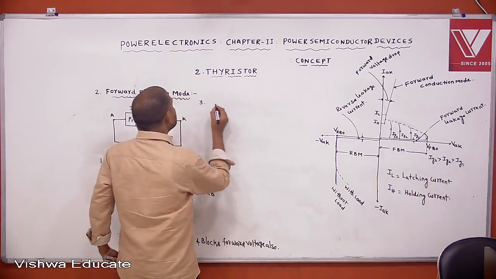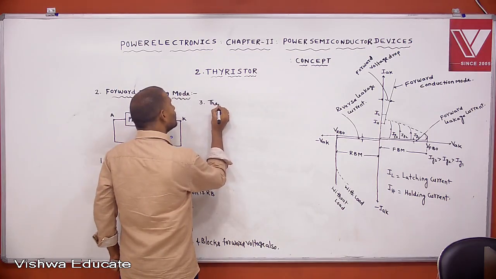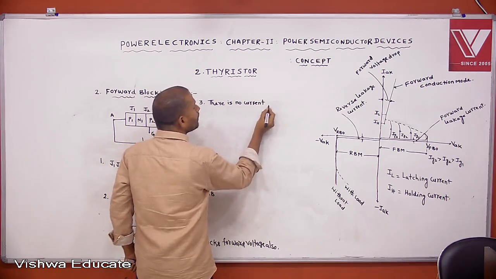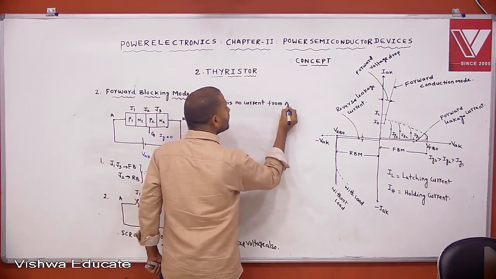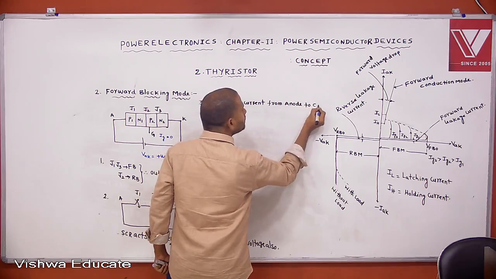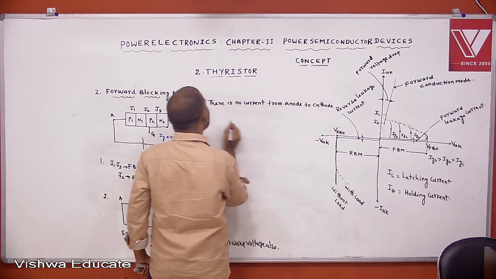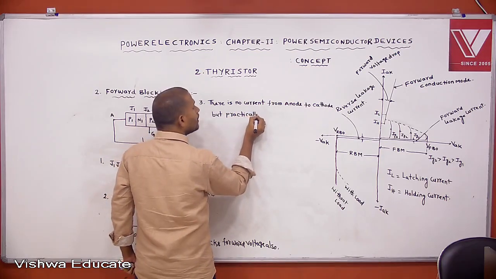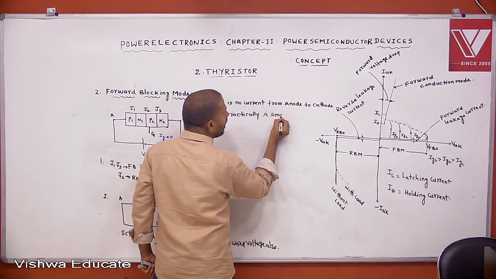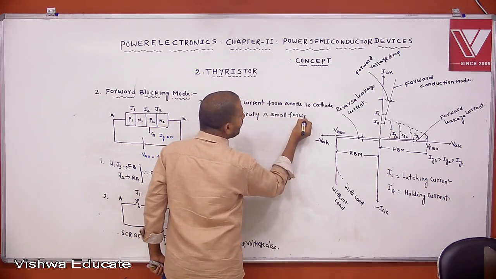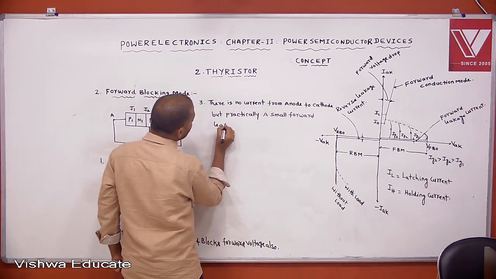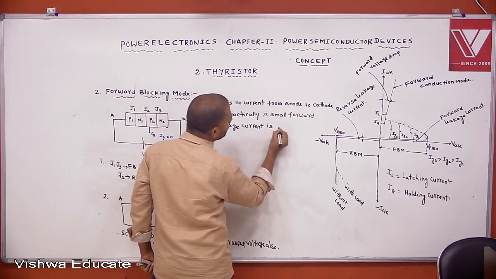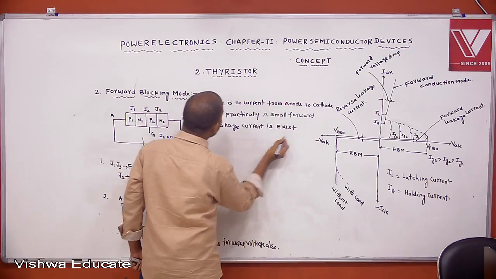Therefore, there is no current from anode to cathode, but practically a small forward leakage current exists.